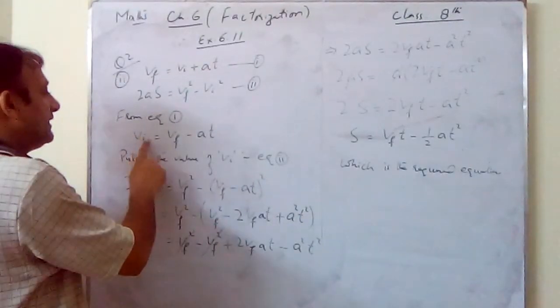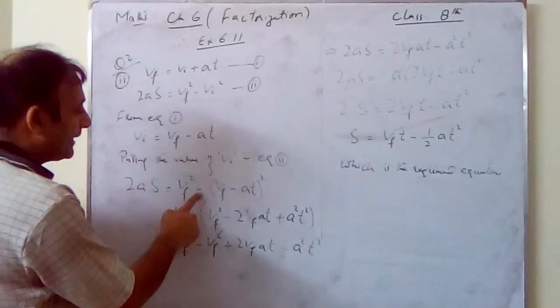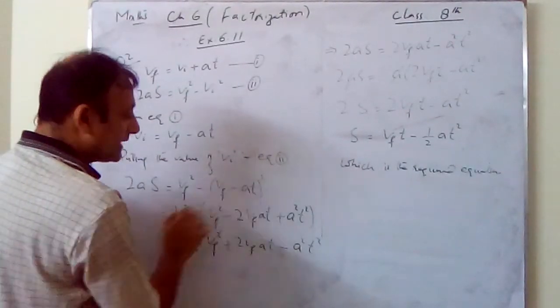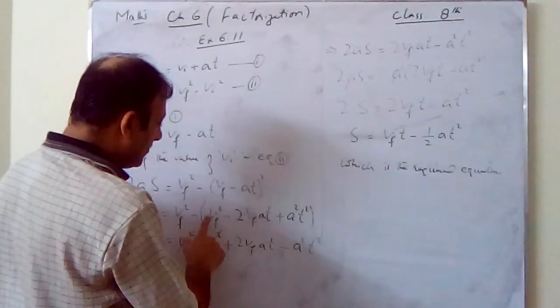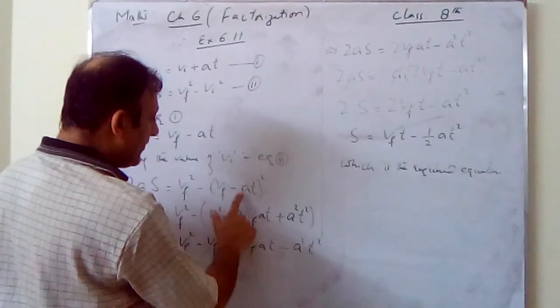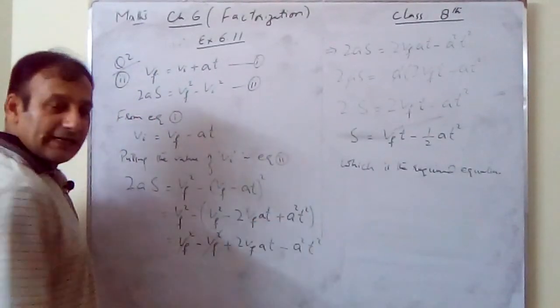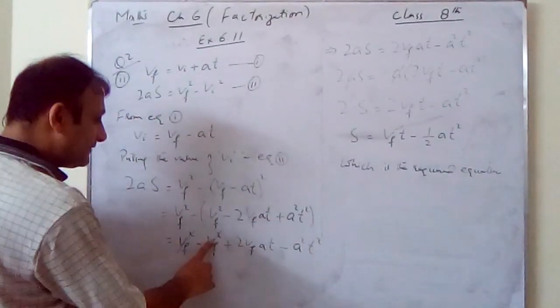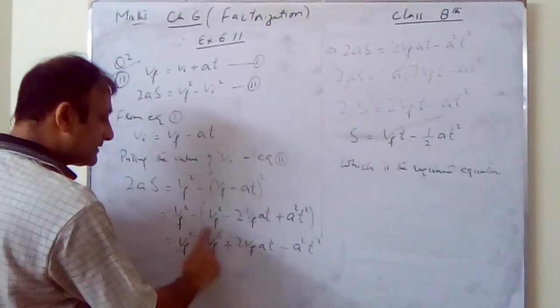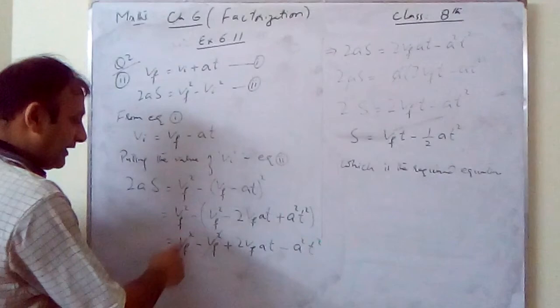I again repeat, Vf is equal to Vi plus At. So Vi is equal to Vf minus At. Put this value in equation number 2. So Vf square minus Vf minus At whole square. So we apply the formula here, Vf square minus 2Vf At plus A square T square. Open the bracket, minus sign is there, so all the signs will be changed. So Vf square cancelled.